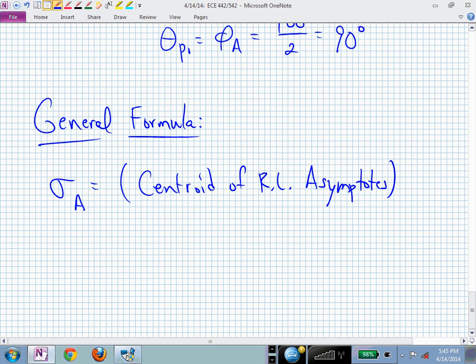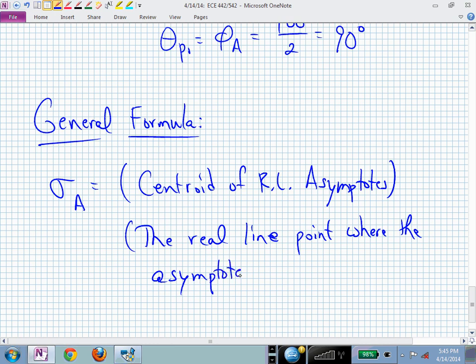So that's the root locus, the centroid of the root locus asymptotes, and this is really the real line point where the asymptotes are centered.